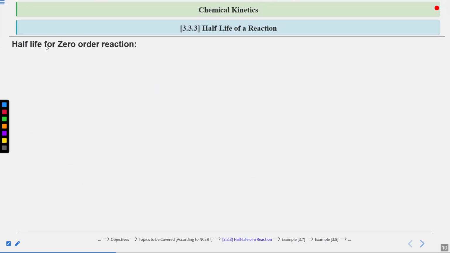Now let's see the half-life for the zero order reaction. For a zero order reaction, the rate constant k is given by k equals [R]0 minus [R] divided by t. This is the relation we have already studied in our previous lecture.